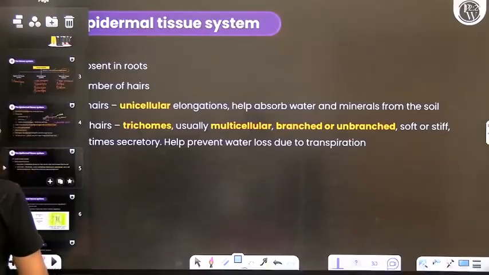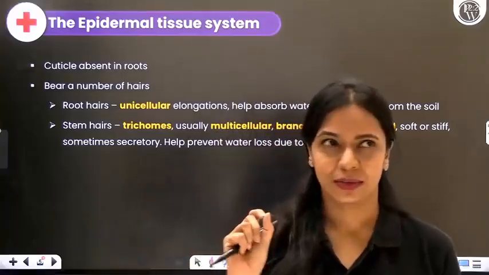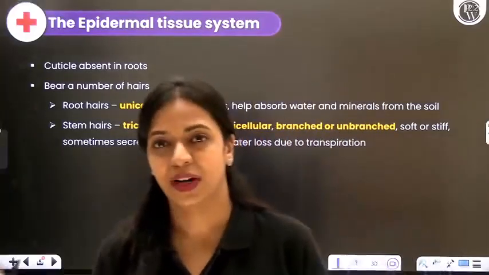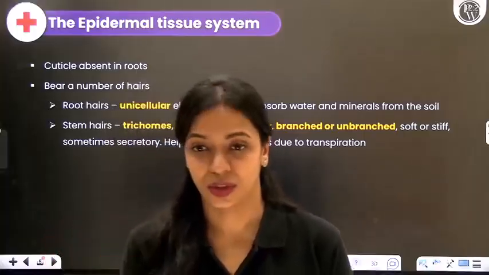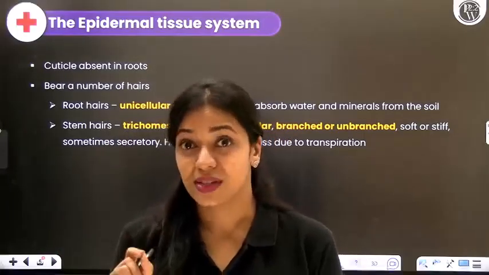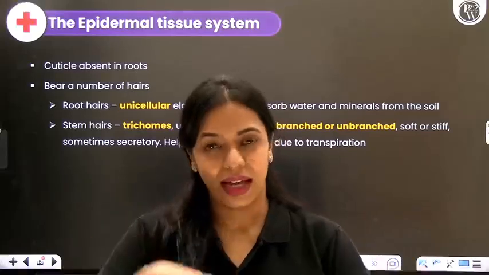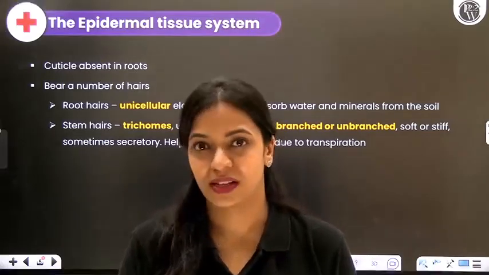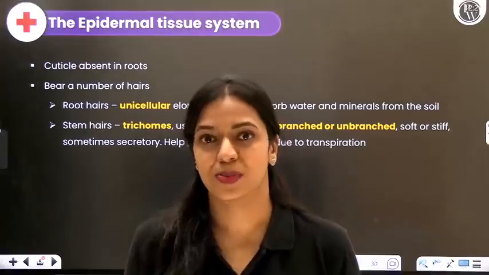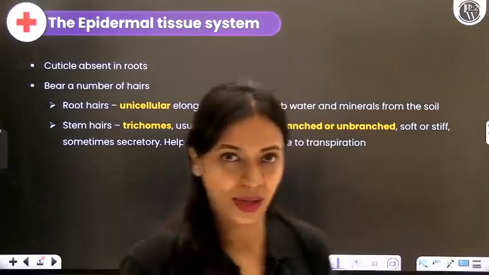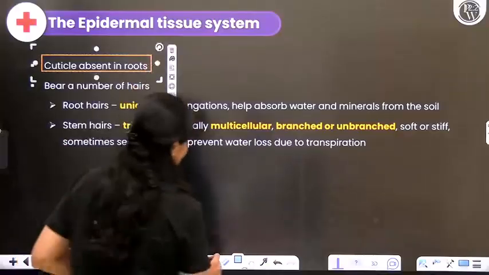I told you that the cuticle's function is to prevent, not necessarily prevent, reduce the rate of transpiration. It reduces water loss. Water loss happens wherever the plant is exposed to the outside. In roots, stomata are not present and cuticle is not present, because over there water loss by transpiration will not take place. So remember this point: cuticle is absent in roots.